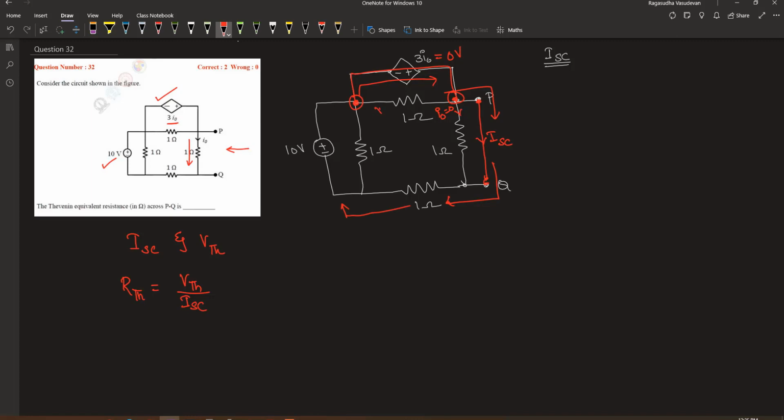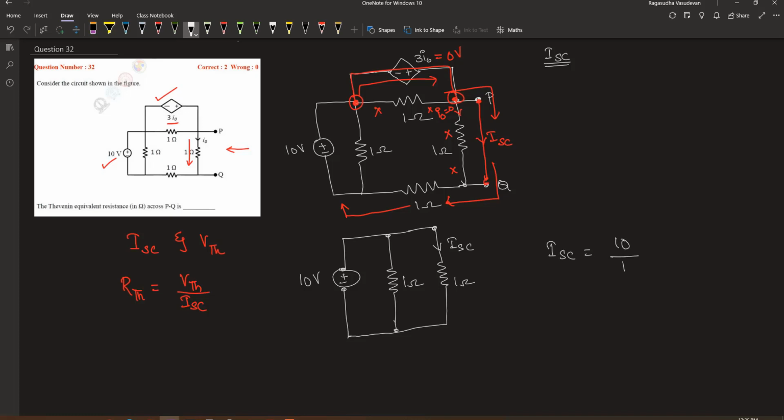So there is no current passing through this 1 ohm resistor. Therefore, across this 10 volt source, we have a 1 ohm resistor, and through the shorted path, we have another 1 ohm resistor. This current is the short circuit current. Therefore, the short circuit current is equal to 10 volt divided by 1 ohm. This is 10 ampere.